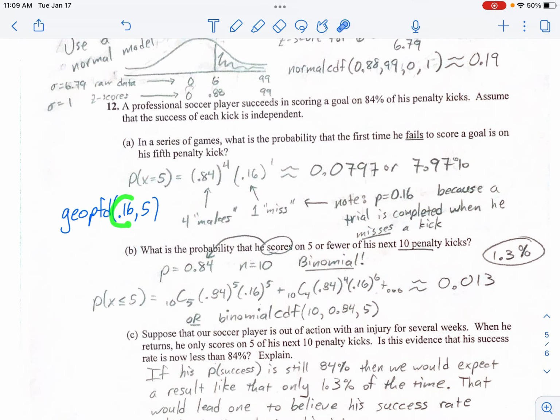The counterintuitive part is this, 16%. Because usually we say, you keep going till you succeed. In this case, this player is done when they miss. So the probability that you put here is 16%. Okay? That's what I put right there.